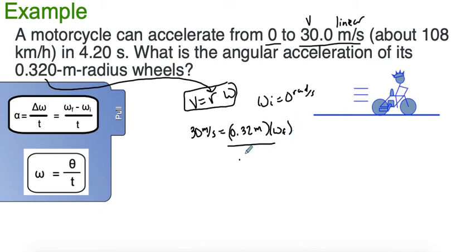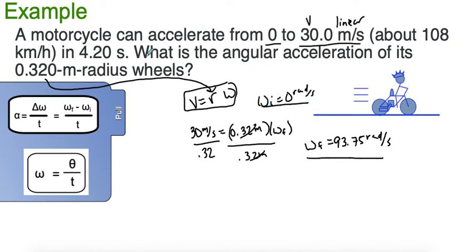So we'll have to divide both sides by 0.32 to get rid of my meters here, and we get a final angular velocity of 93.75 radians per second.